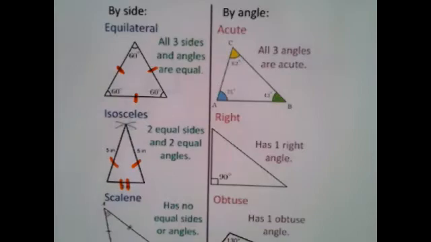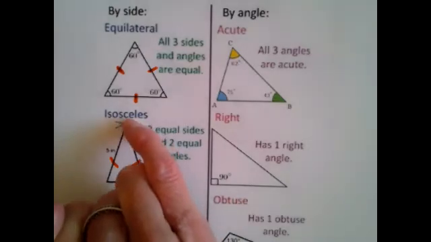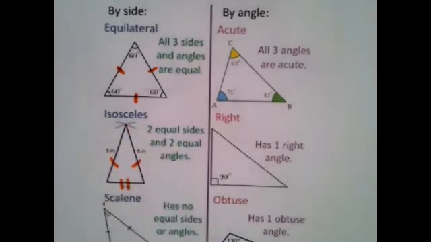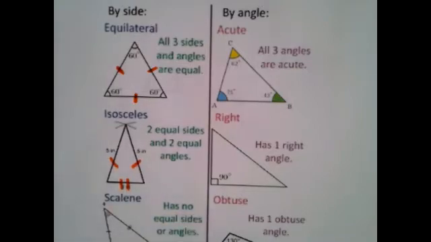Sometimes students look for a memory reminder on this one. Isosceles doesn't sound like there's two equal sides, but there are two E's in isosceles, and that might help you to remember. That means two sides, two E's, two sides the same.